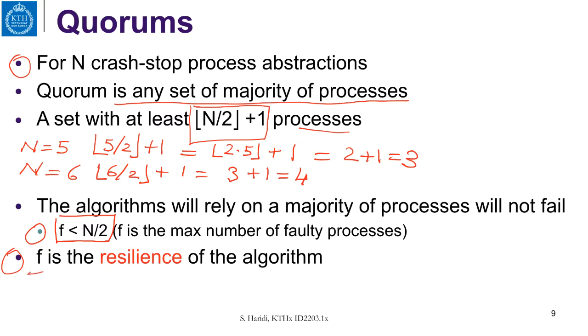F is the resilience of the algorithm. So algorithms using quorums will work and satisfy both safety and liveness only if a quorum of correct processes can be established. If not, liveness will not be satisfied, but normally safety is always satisfied.